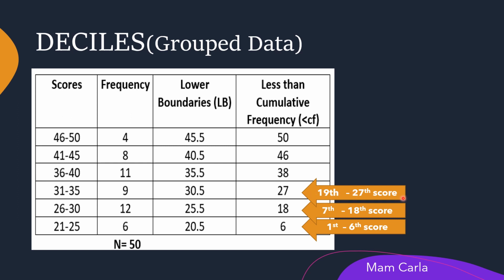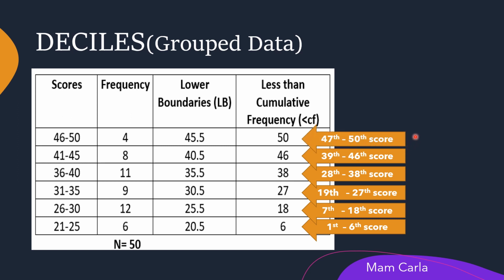On this class interval, we can find the 19th to 27th score, while here we can find the 28th to 38th score. In the interval 41 to 45, we can find the 39th to 46th score, and the 47th to 50th score we can find on the interval 46 to 50.